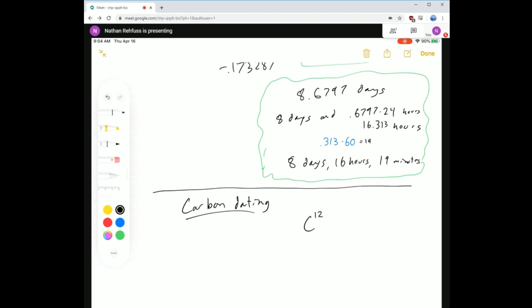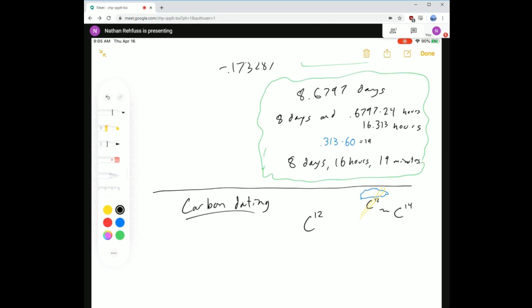It has 6 protons and 6 neutrons for a total atomic weight of 12. But when carbon-12 is way up in the stratosphere, high-powered beams of sunlight can cause that carbon-12 to spontaneously take on 2 extra neutrons and become carbon-14.